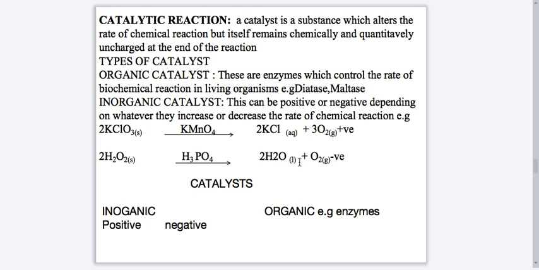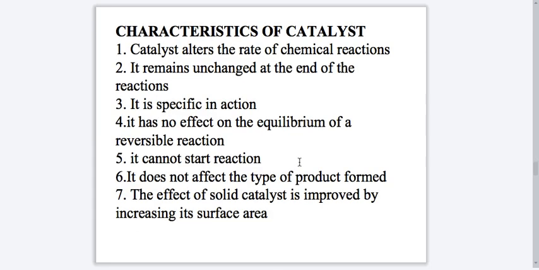And the catalyst there is vanadium(V) oxide, that's V2O5. So they are specific. V2O5 cannot work on ammonia, while iron will not work in the case of the contact process. That's the meaning of specific in action.